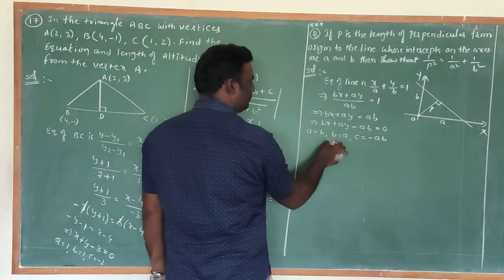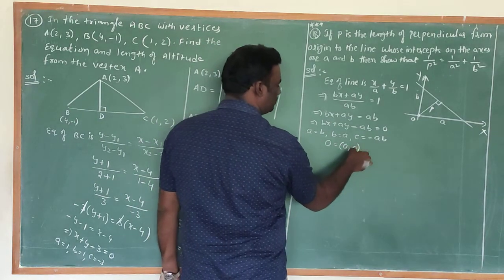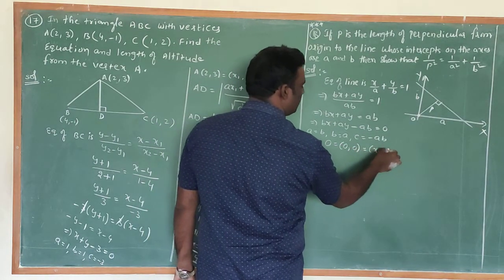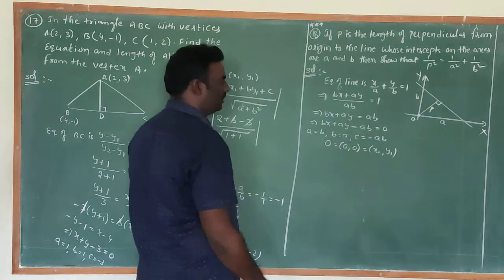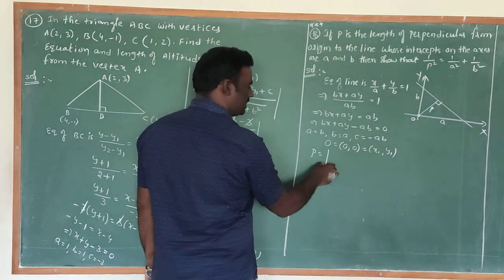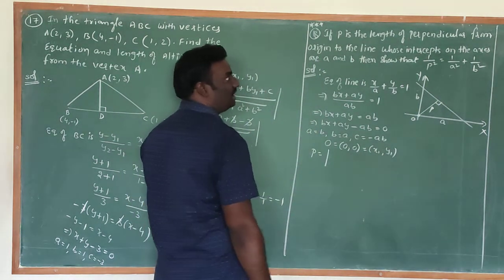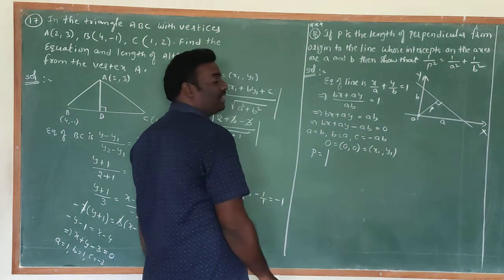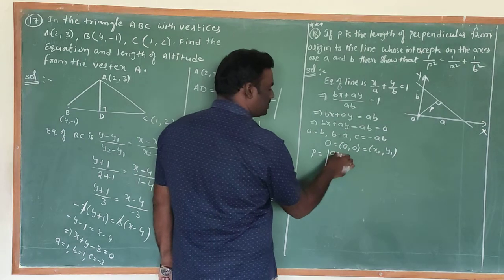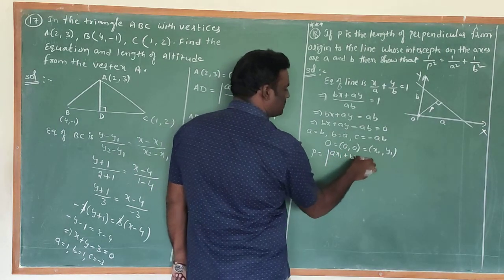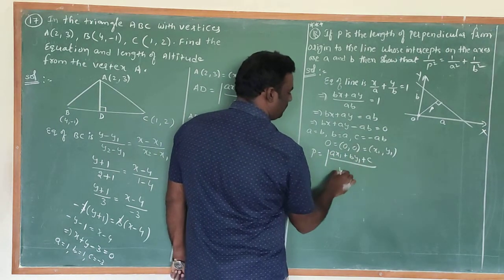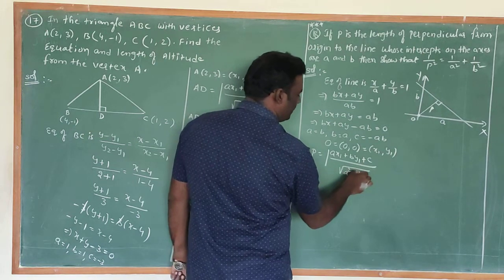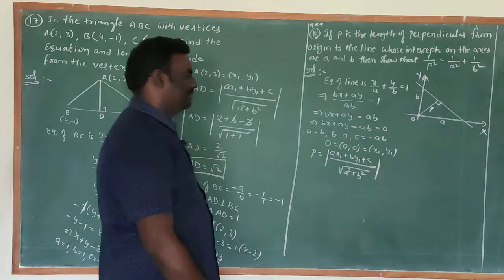And the origin is 0 comma 0, this is x1 comma y1. How to find P? P is nothing but the length of perpendicular from the origin to the line. What is the formula for length of perpendicular? Modulus of ax1 plus by1 plus c by under root of a square plus b square.